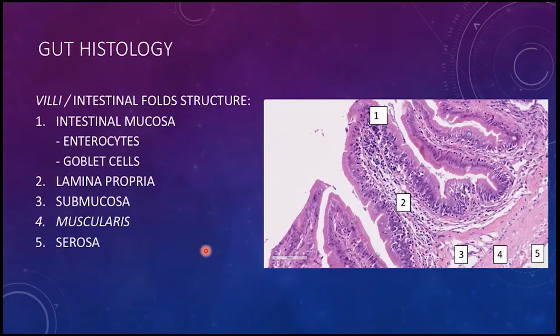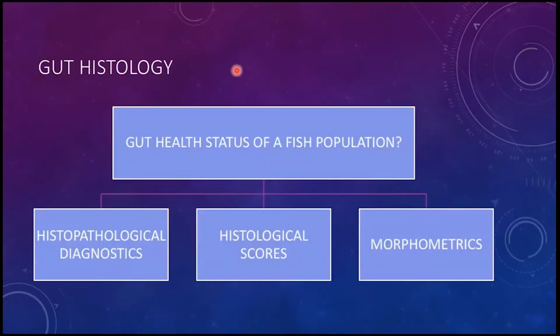Okay, so here is where we come to the interaction between histology and gut health. Quite often, in farm situations and in R&D trials, it's quite a common question to ask ourselves if it's possible to assess the gut health, or basically we want to know how the gut is performing in a specific fish population.